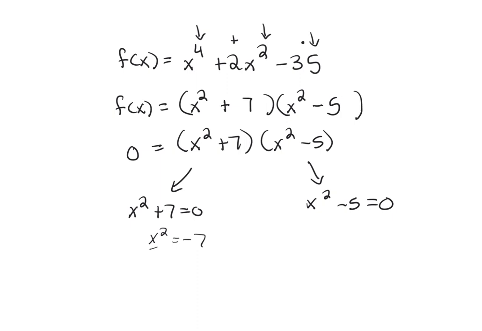So in this case, if you remember from Algebra 2, that would actually lead into a complex, imaginary solution. But for now, we're just going to say that this one has no real solution, but this one over here does. So x squared equals 5, so then x equals plus and minus the square root of 5.